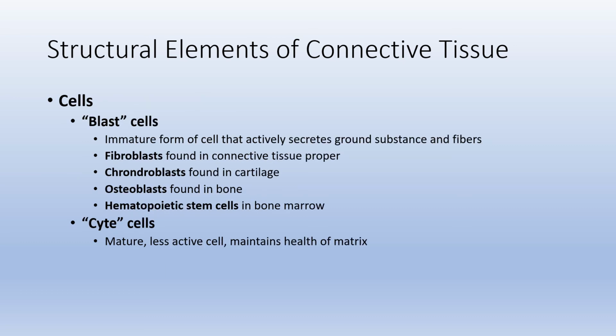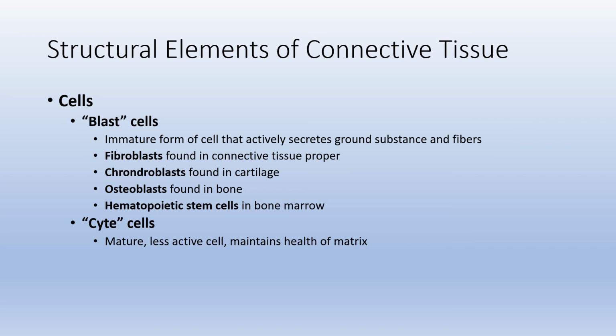The last element of connective tissue will be the cells. We will have two different types of cells, the first being blast cells and the second being cyte cells. If a cell name has blast at the end of it, it usually means that it is an immature cell that is responsible for secreting the ground substance and fibers, or the extracellular matrix of that tissue.